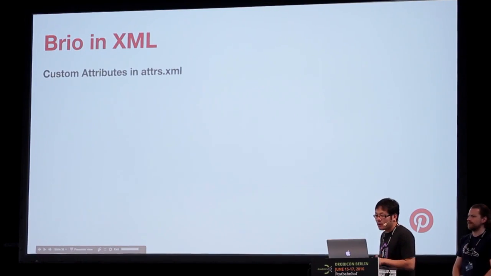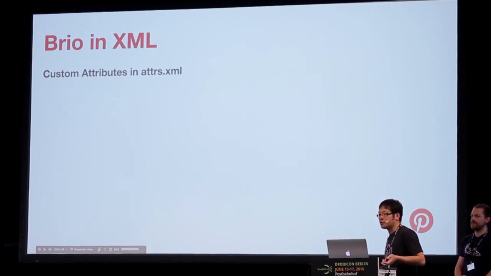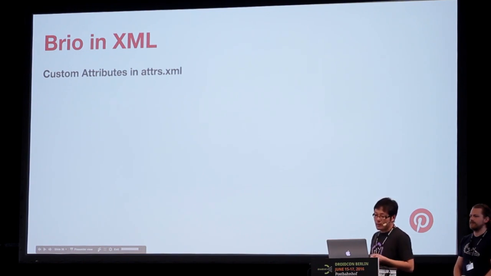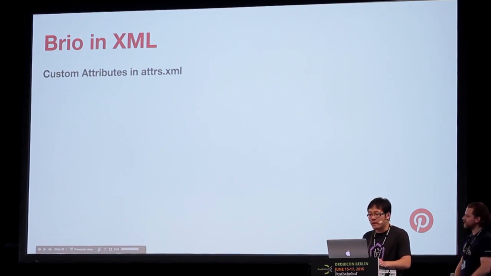Okay, let's talk about how we implemented this on Android. Since most of our layout resources are already defined in XML, the first approach that naturally came to our mind is to define custom attributes to support the new Braille units, namely Braille points, column, and gutter.